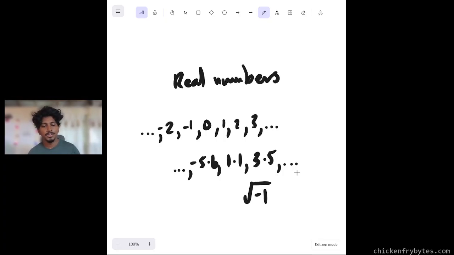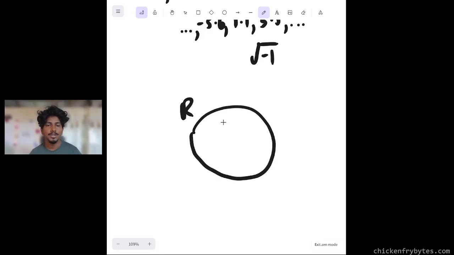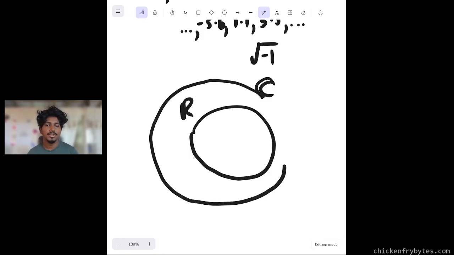And so, if you were to think about the real numbers, we use double R to represent it, being a set, well, they would be the complex numbers, outside of that set. And that set of complex numbers will actually address this idea of the square root of -1, or by extension, the square root of any negative number.